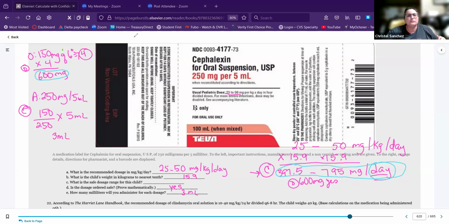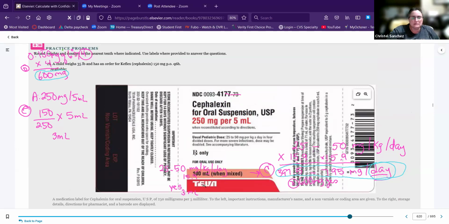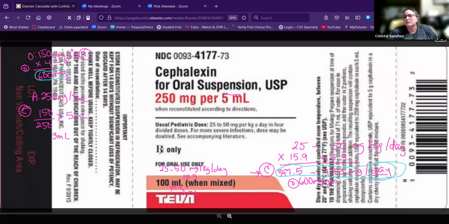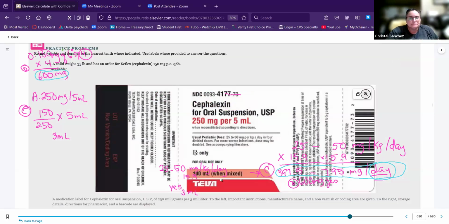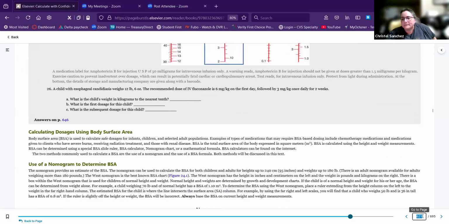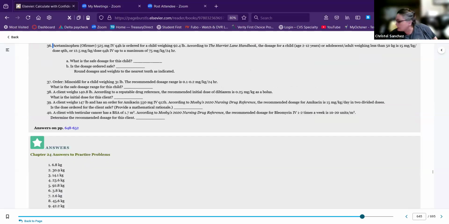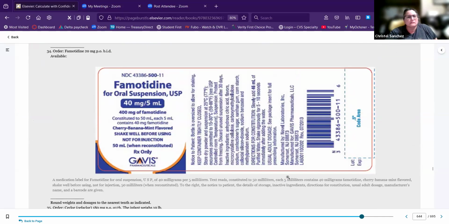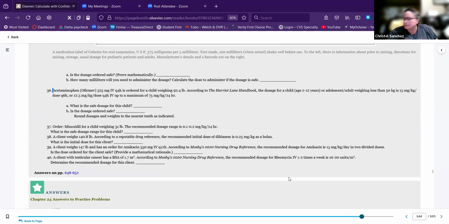Let's look at page 645, question 36. It says acetaminophen 525 milligrams IV Q4 hours is ordered for a child weighing 92.4 pounds.